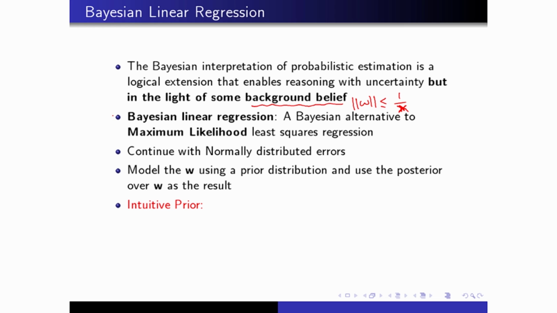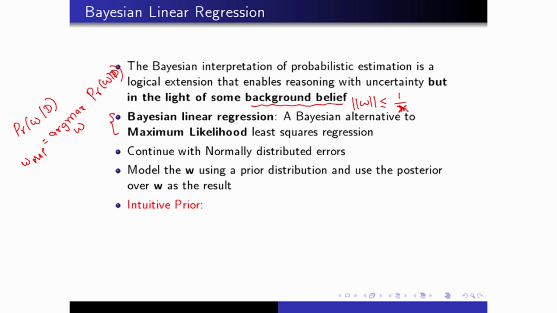In fact, there are multiple things you can do. You can either evolve probability of W given D, or you can look at the MAP estimate of W, which is that which maximizes this posterior.